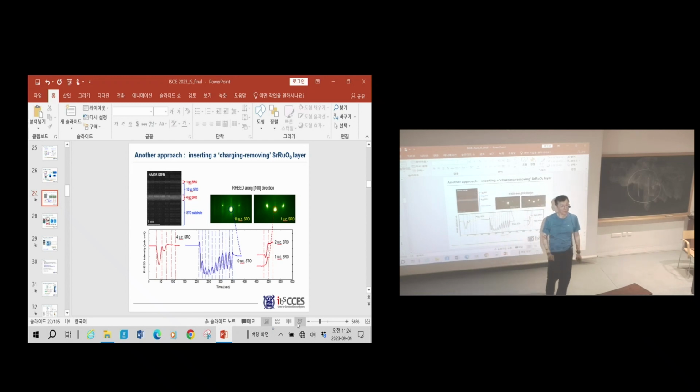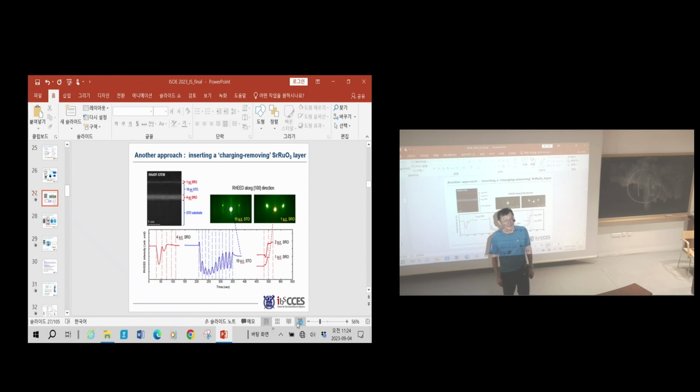But during the growth, we usually look at the RHEED signal. But SrRuO has a step flow mode, so after 1.5 or 2 unit cells of growth, it's difficult to see it here. So by measuring the time, we stop here and assume that this is 4 unit cells. But the only good evidence is these STM images. And as you can see, if you look at the thickness here, some are a little different. So there's always inhomogeneity.